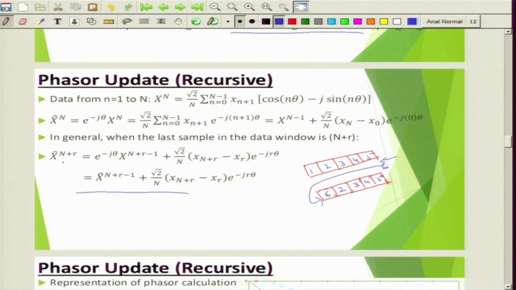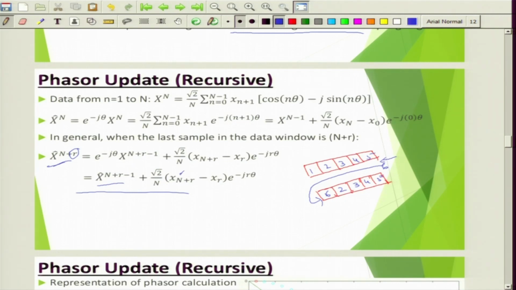This is just a mathematical indication of how it is done. Let us say this is the phasor of n plus r. That means there is a new, latest sample entry, which is r. Now this phasor we need to obtain. It is nothing but the previous phasor, x of n plus r minus 1, plus root 2 by n times x of n plus r.